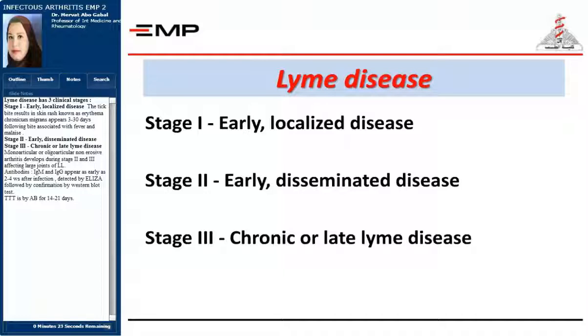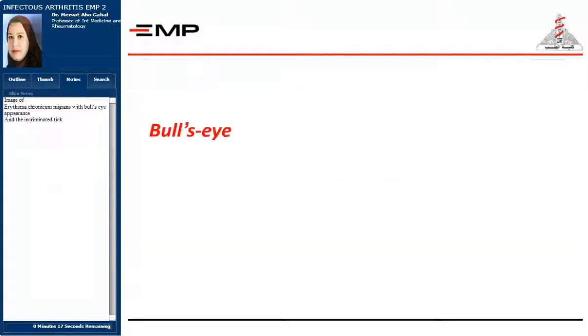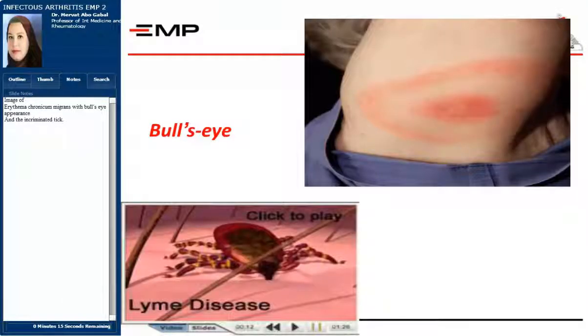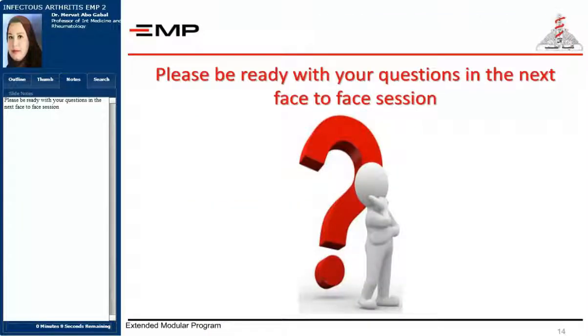Treatment is by antibiotics like doxycycline and ampicillin for 14 to 21 days. This is an image of erythema chronicum migrans with bull's eye appearance and the incriminated tick. Please be ready with your questions in the next face-to-face session.